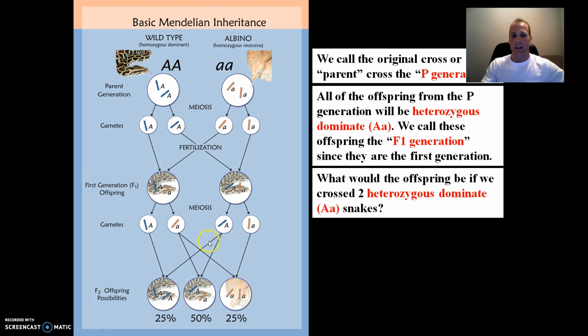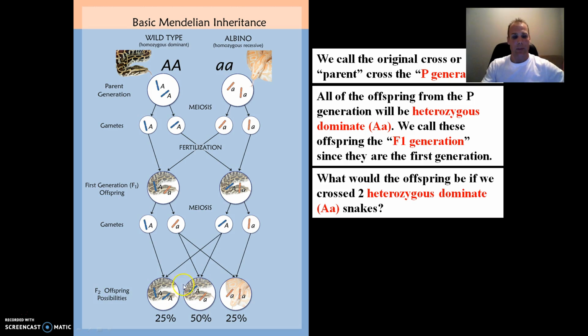You combine them and now you can get all sorts of cool combinations. 25% of them are going to get the homozygous dominant, 50% of them are going to get the hybrids, and 1/4 is going to have a sperm with this recessive trait and an egg with this recessive trait, and you're going to see albino little snakes. And this is cool too because you can see the 1 to 2 to 1 ratio.